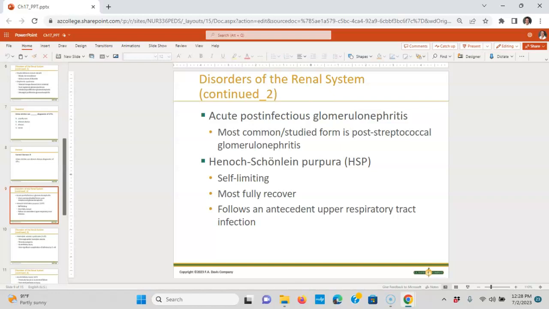So the most common studied form is post-streptococcal. 6% have sustained hypertension. So again, if your kidneys are not working well, your blood pressure is not going to work as well either.